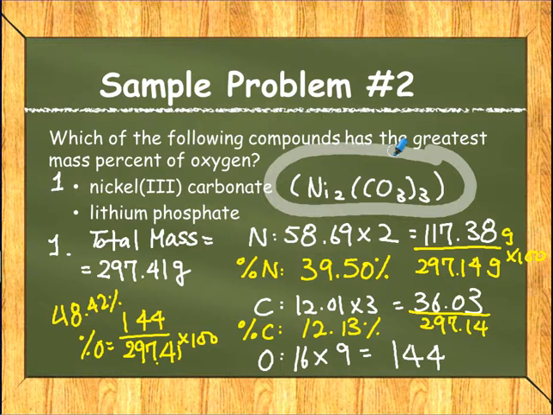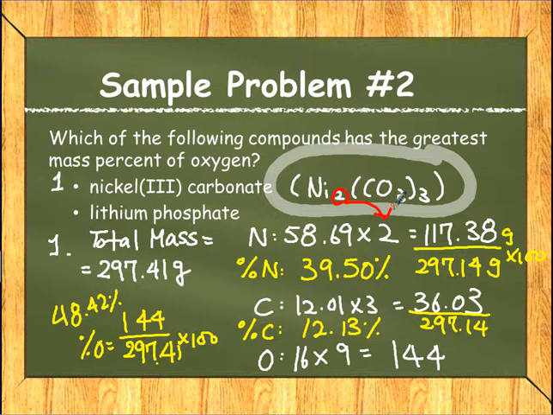So you crisscross it, and this is the equation that you get: Ni2(CO3)3. Total mass. So I like to write everything out. So nickel I know has 58.69 grams for every one of them. But there's 2 of those, so I'm going to bring down this 2 and multiply, and I get 117.38.